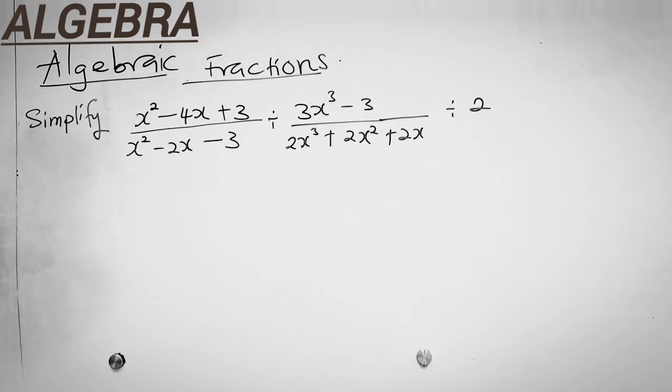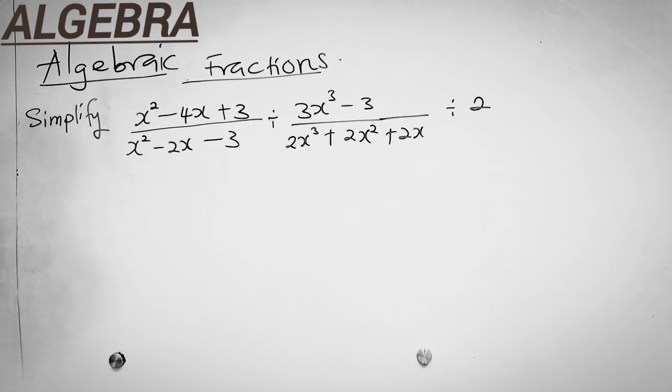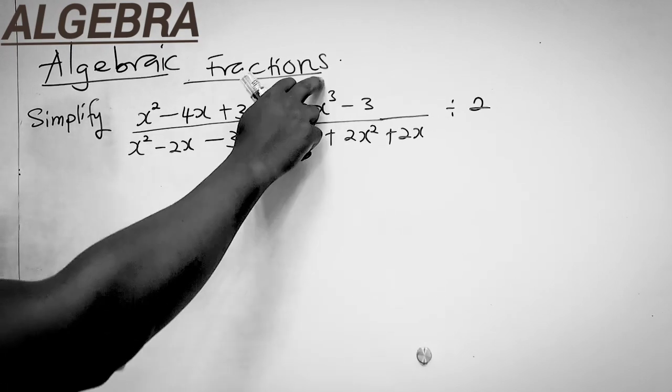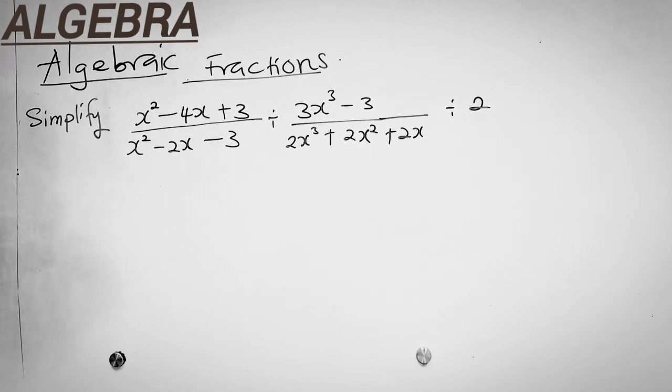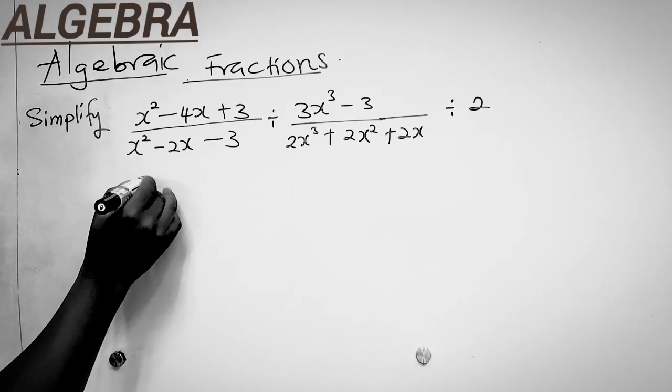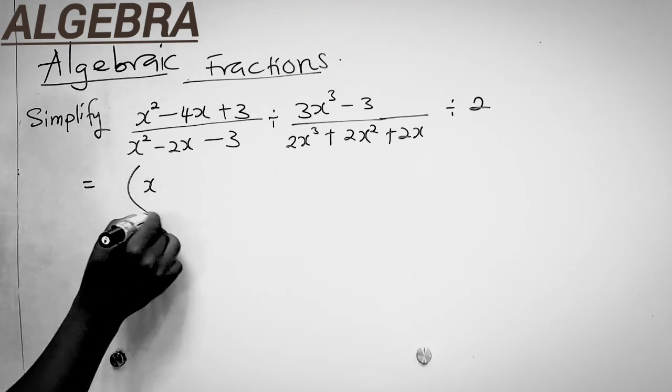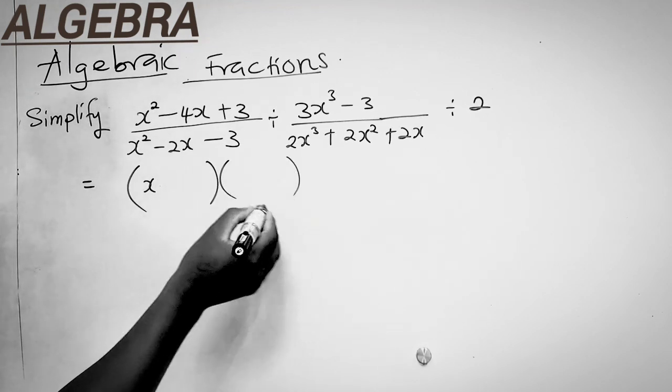If I want to simplify this expression, for us to simplify some of these expressions, we need to factorize these expressions. So let's see the first expression. We can factorize it like this. It's a trinomial.